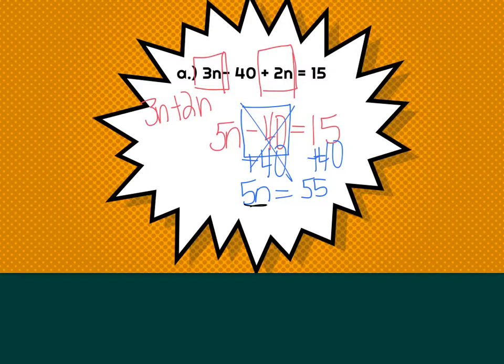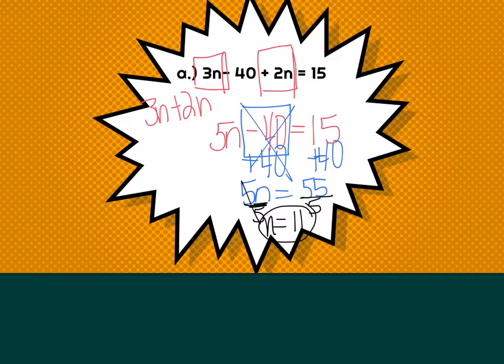We have a 5 and an n together, which means it is multiplication, and we need to get rid of that positive 5. The inverse operation is to divide by 5. That will cancel out the 5's and leave us with just n. 55 divided by 5, both are positive, so the answer is positive, and 55 divided by 5 is 11, so your answer would be n equals 11.